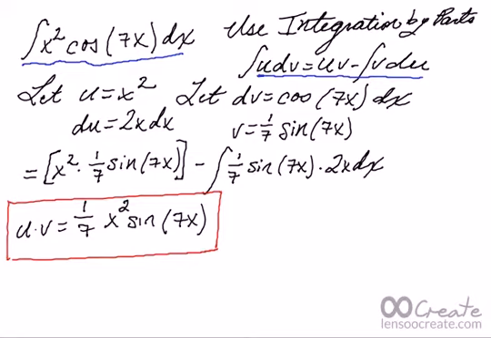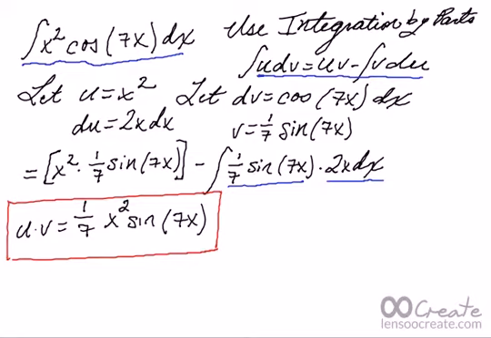Alright, so moving on here, our first step is going to be to rewrite these terms in terms of this equation right here. So we've got u times v minus the integral of v times the derivative du. The first thing that I like to do is take care of the u times v.